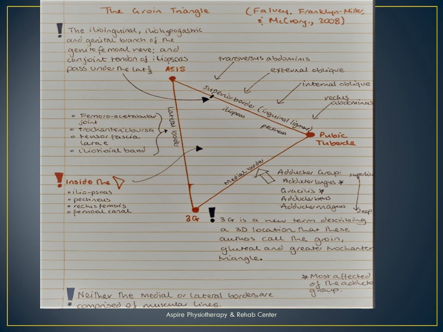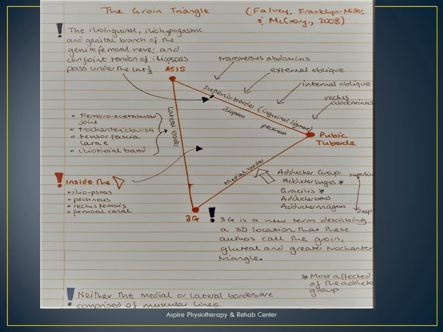Now the next slide, the groin triangle, will go deeper into the groin triangle. We will discuss structures surrounding and associated with each border and what is contained inside this triangle. So let's start with the superior border, which starts from ASIS and ends at the pubic tubercle. We'll start from the pubic tubercle, so we are going from medial to lateral side.